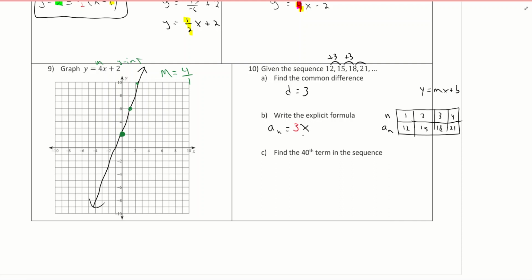I should be using n as well. And then I just got to figure out, well, what's the number I add here? And if you remember, that should be like the y-intercept. And the y-intercept occurs for when x is 0, or when you have 0 in the x position, which in this case is n, but it's the same thing.